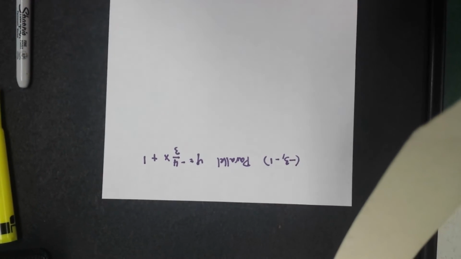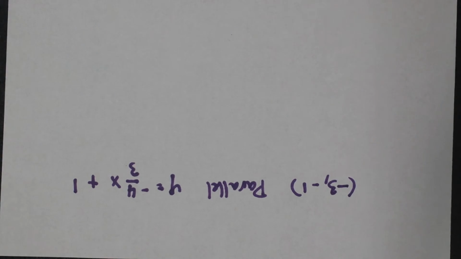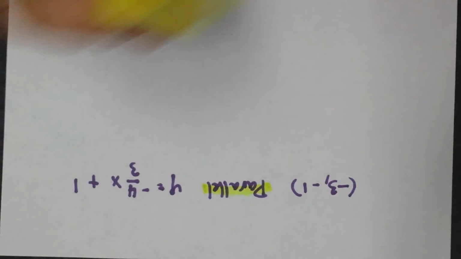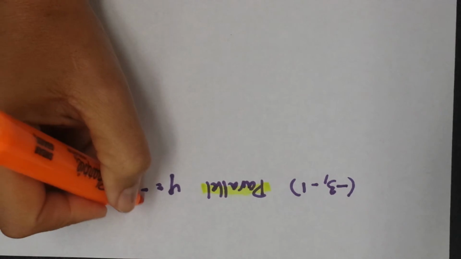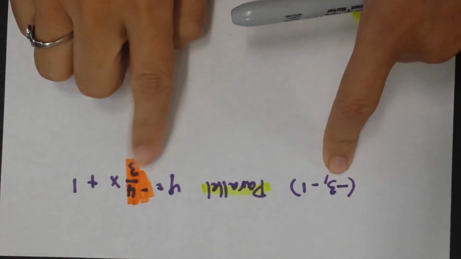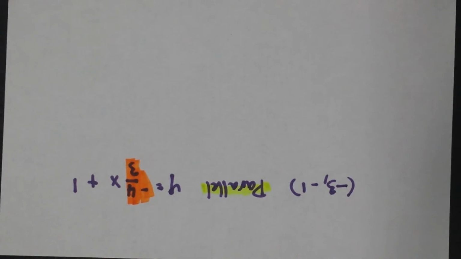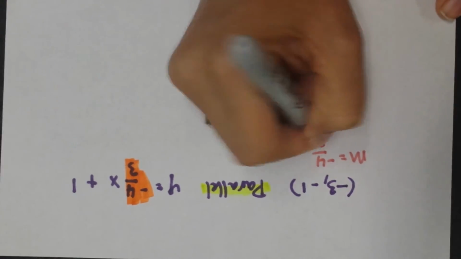Well, the key word right here is the word parallel. Parallel means that the slope is going to be what? The same. Very good. So you find your slope. It's going to be the same. So for this line, the slope is still negative 4 over 3. So m equals negative 4 over 3.